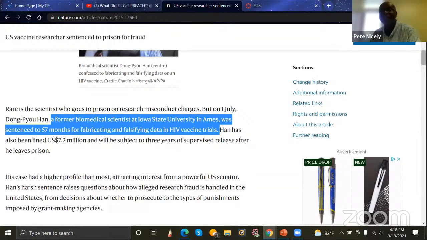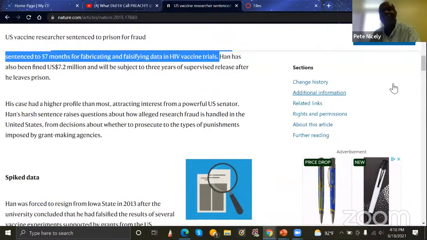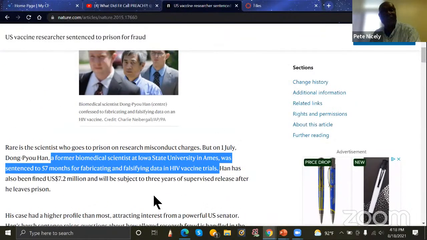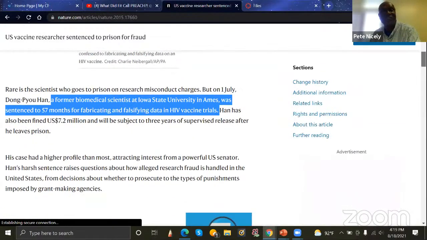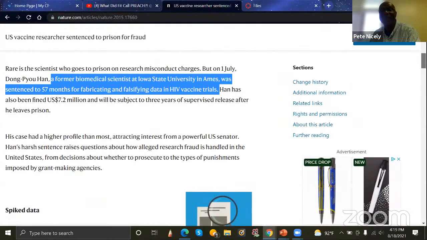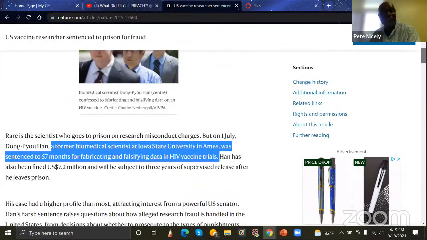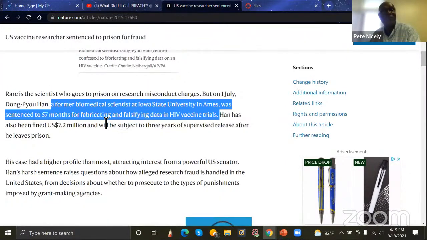And based on further reading that I've done on this particular example, the reason apparently was because of the amount of money that he and his research group was awarded from the federal government for doing the type of research that he was doing. Because there are a lot of other examples of people who have committed fraud, but apparently not to the same extent that he did.